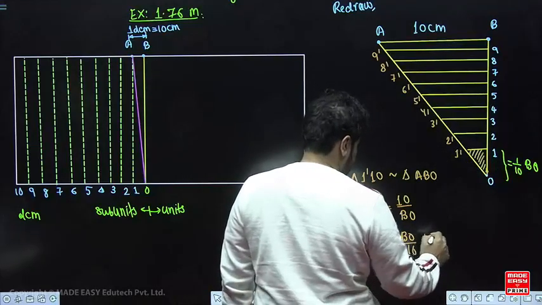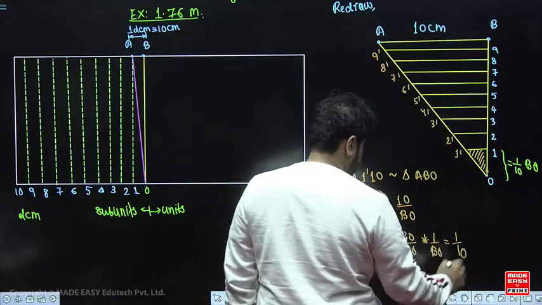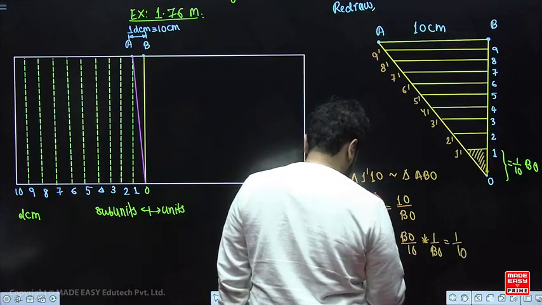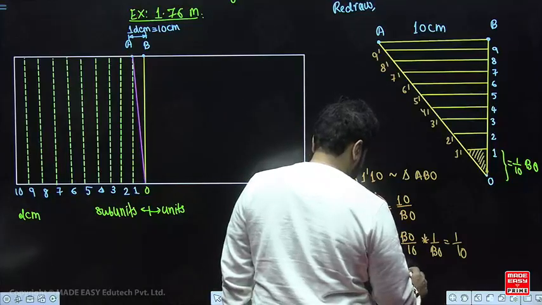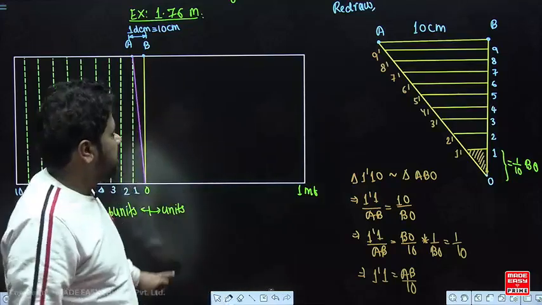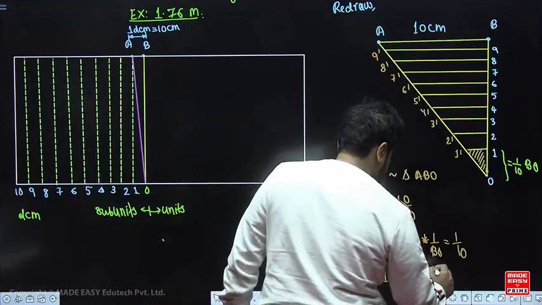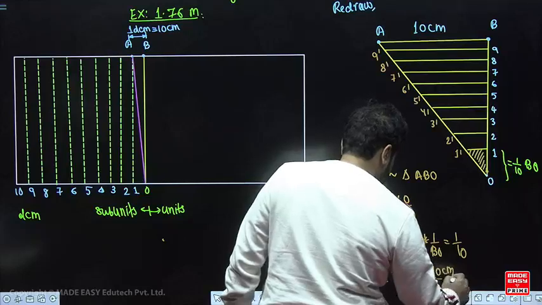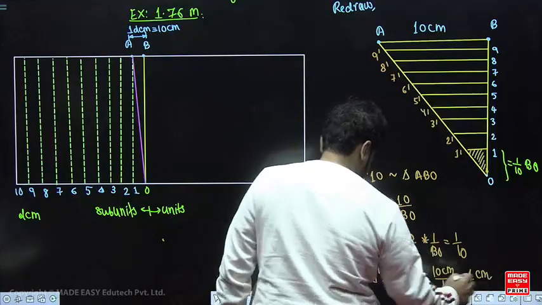So 1 dash 1 upon AB is equal to 1 by 10, correct? So what is the value of 1 dash 1? 1 dash 1 is equal to AB by 10, isn't it? And what is your AB? AB is equal to 10 centimeter. So this is equal to 10 centimeter divided by 10, which is equal to 1 centimeter, right?